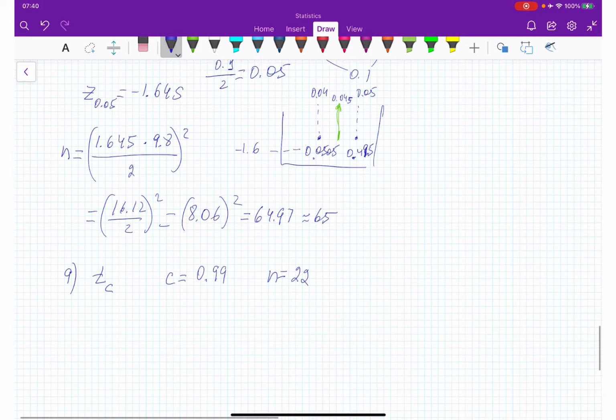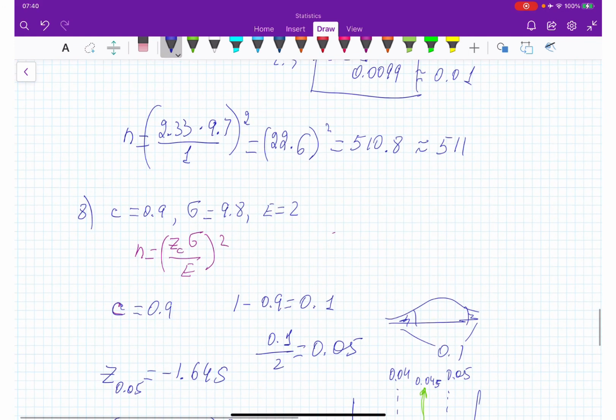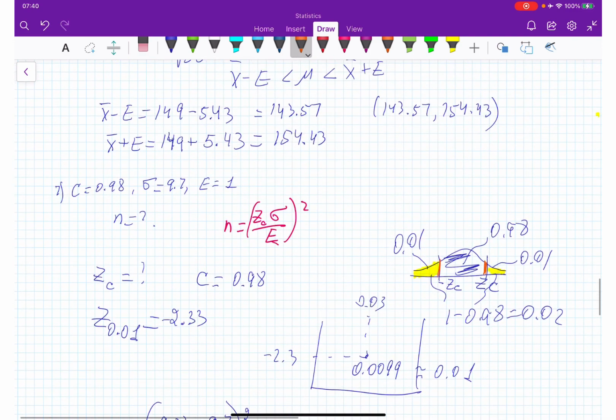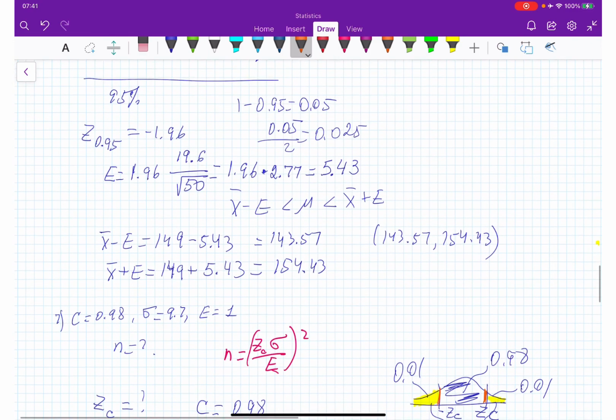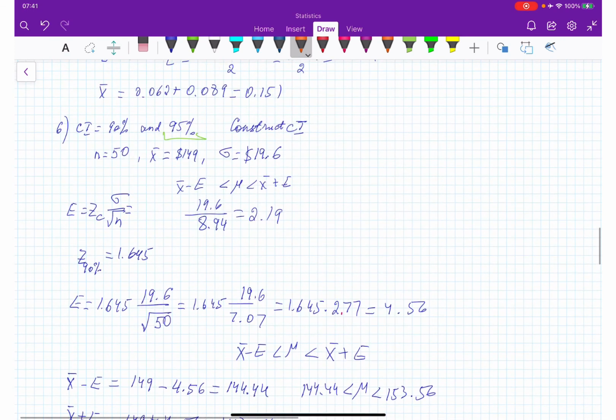If you look at all these cases here, we have standard deviation. Standard deviation is given. Here also, if I look, standard deviation is given.